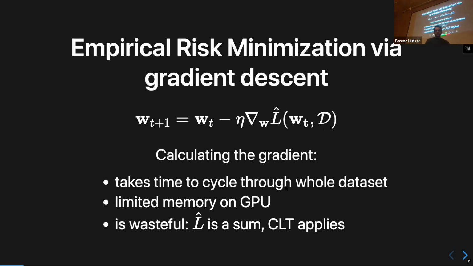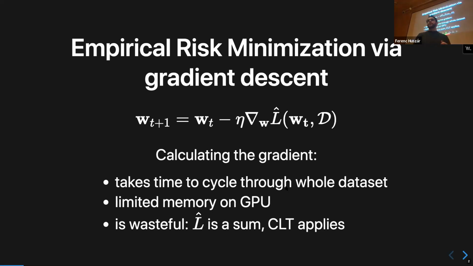And even more importantly, we want to calculate these, as Nick will talk about, on a GPU or specialized hardware, not on the CPU, which means that we need to have the data that we are going to use on the memory of the GPU or of the device. And that's usually limited, and used to be very limited compared to CPU memory. So it was just impractical to calculate this gradient over your entire data set because you couldn't fit that data set into the memory.